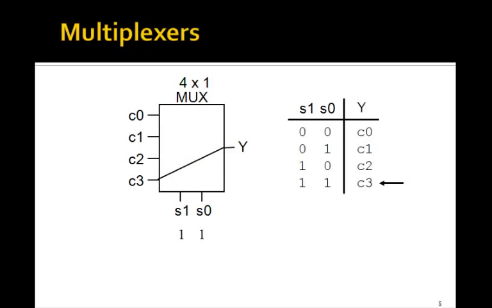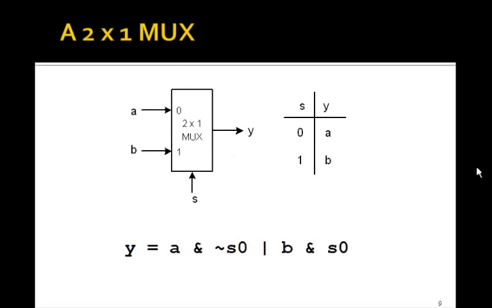Now it turns out we can make this 4-to-1 mux out of 2-to-1 muxes. Let's see how we can do that. Remember, this was the logic equation we had for a 2-to-1 mux. We got it from the Karnaugh map, but you can really see it from this truth table. Here, this little minterm is just not S0, isn't it?